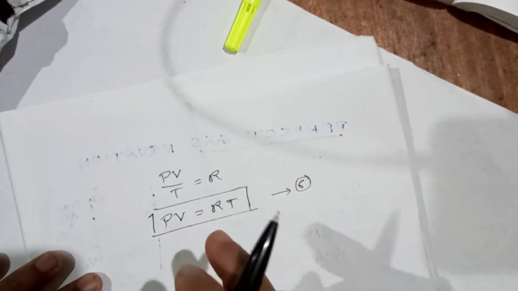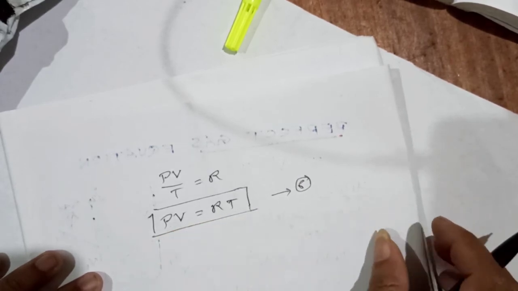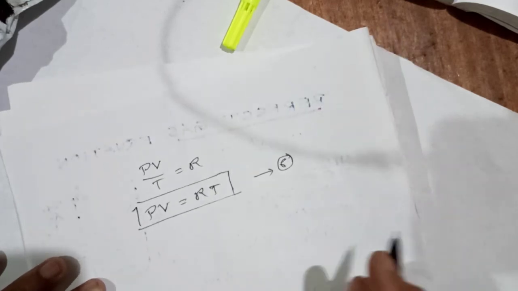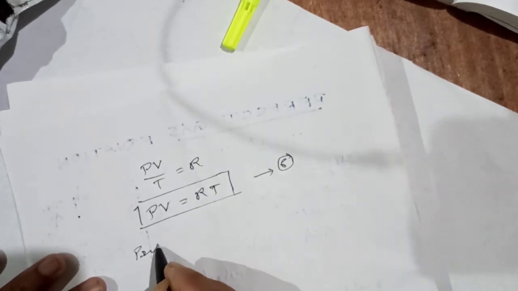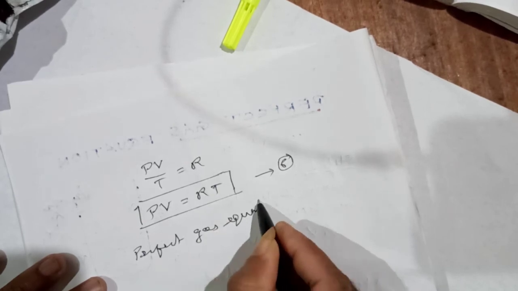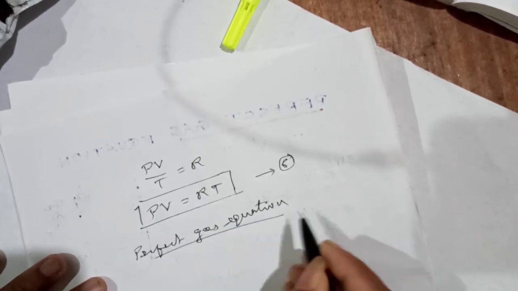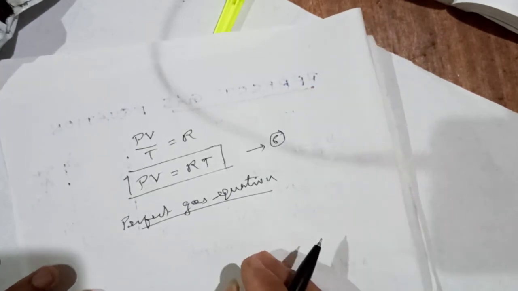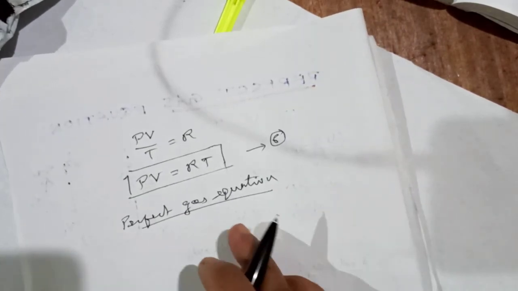So PV equal to RT is called the perfect gas equation. So we derived the gas equation, a very popular formula, for 1 mole of a gas.